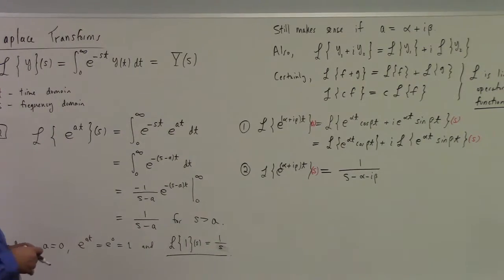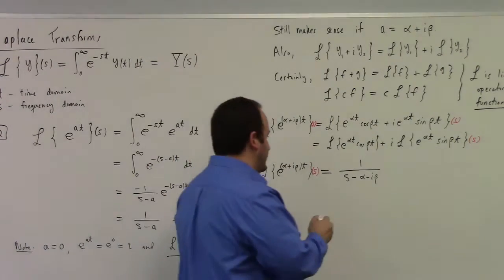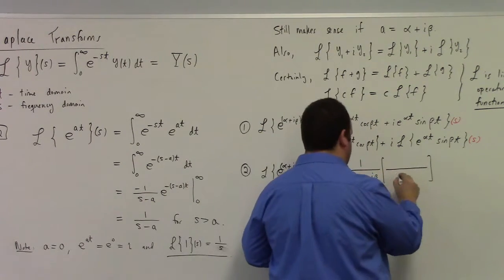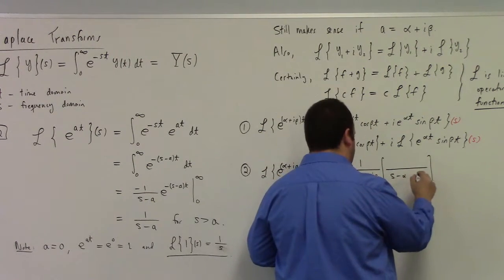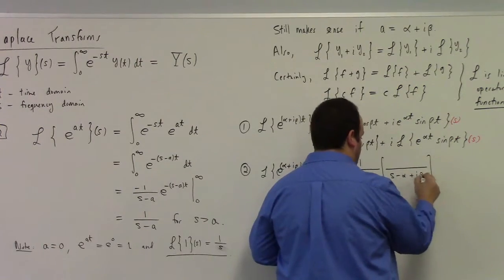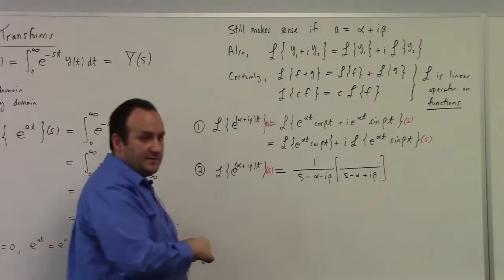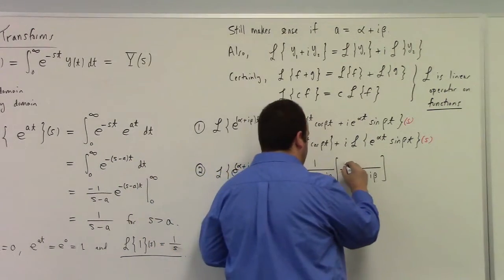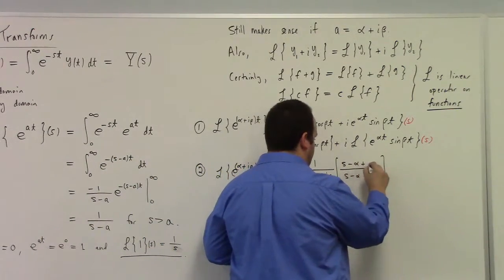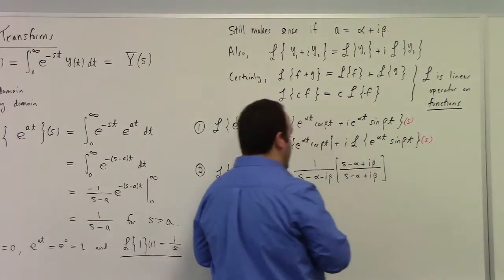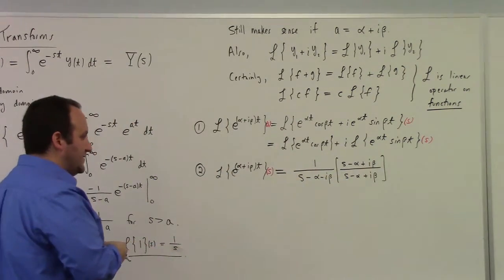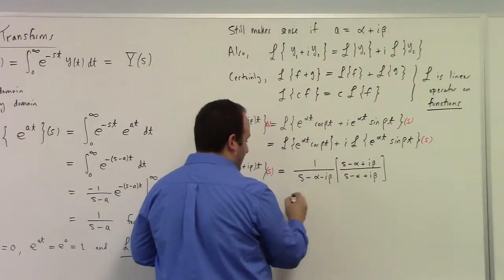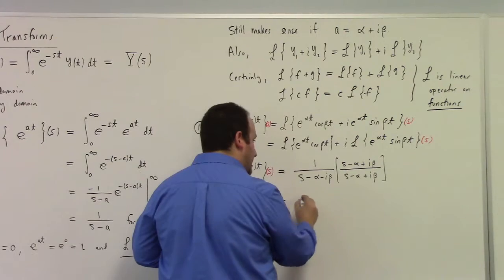And so if I multiply that by the complex conjugate of the denominator, what's that going to look like? Multiply this by 1 in a sneaky way, so s minus alpha plus I beta. That's the complex conjugate. And I know from our previous work with complex numbers that if I multiply by the complex conjugate upstairs and downstairs, that will force this expression in s to be put into its Cartesian form, real part plus I times imaginary part. So let's see here.